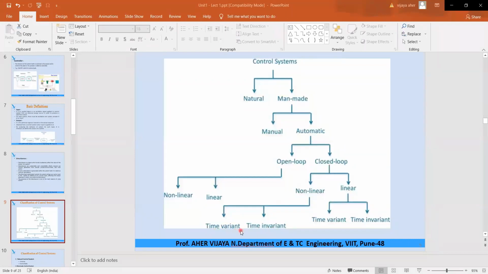Time variant non-linear closed loop control system. Time invariant non-linear closed loop control system. Coming to second part, that is linear control system. Linear is again divided into time variant, time invariant. So time variant linear closed loop control system, and second one is time invariant linear closed loop control system. So students, you are supposed to remember the classification of control system. Okay.